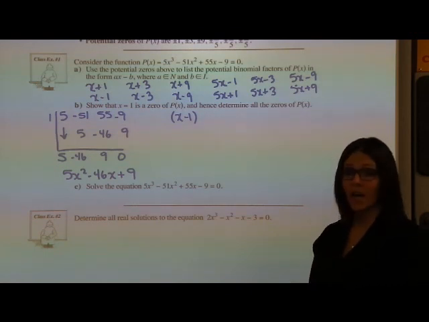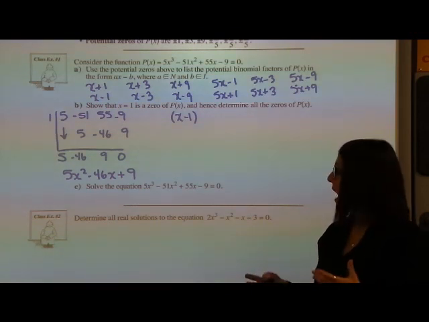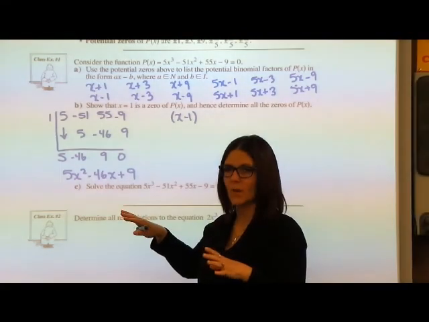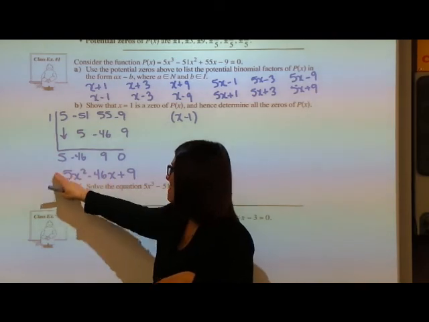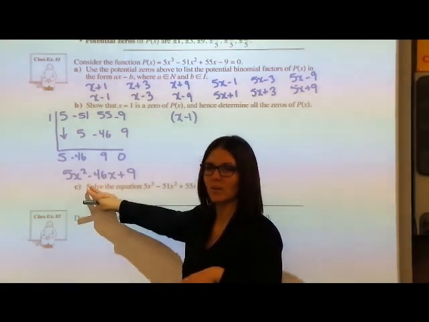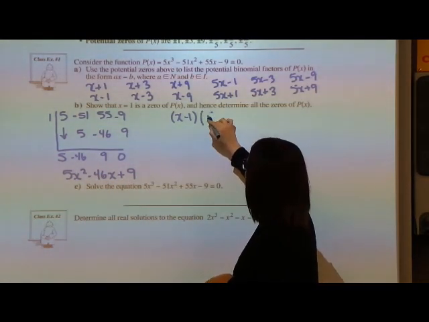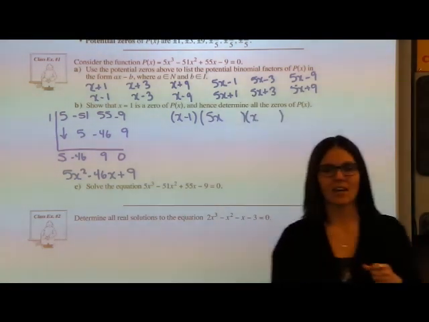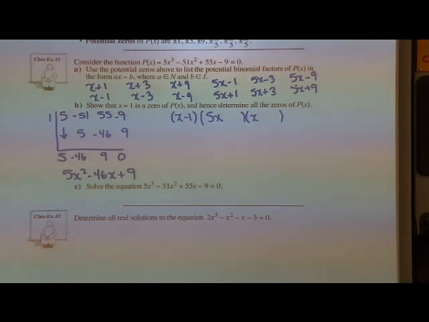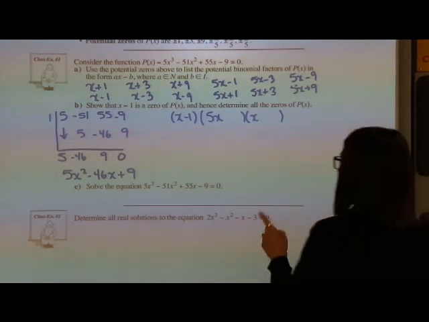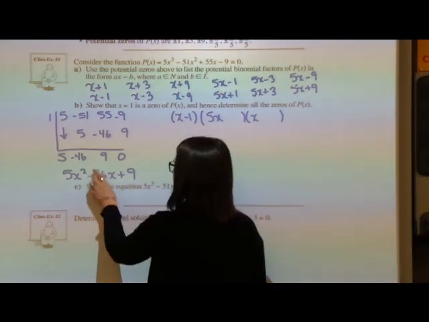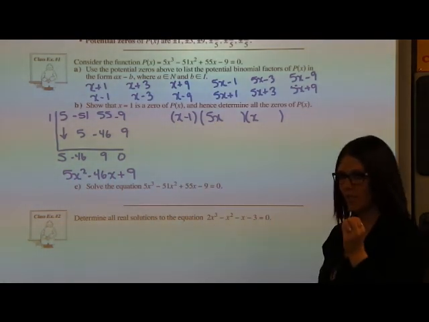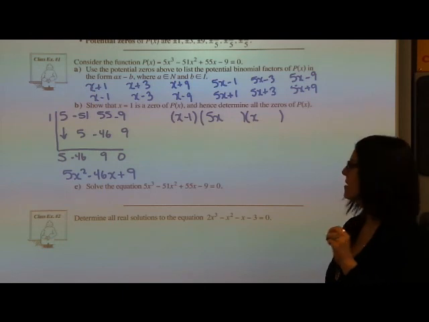So now I can try doing my factoring. I can factor by inspection, or that kind of somewhat inspection that I showed you last year, because this is a prime number. So the only way that I can get 5x squared is to multiply 5x and x. And then this negative 46, when I was looking at this 45 and 46, the two numbers I was coming up with was a 45 and a 1.